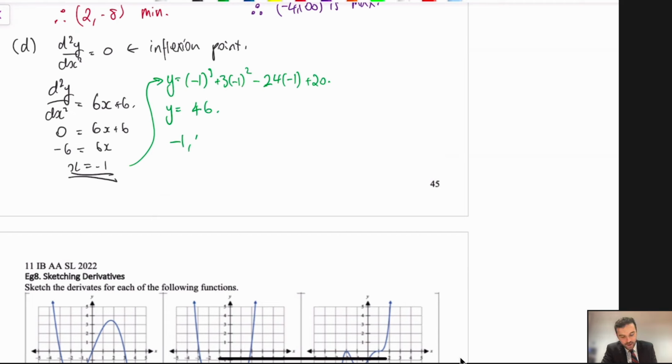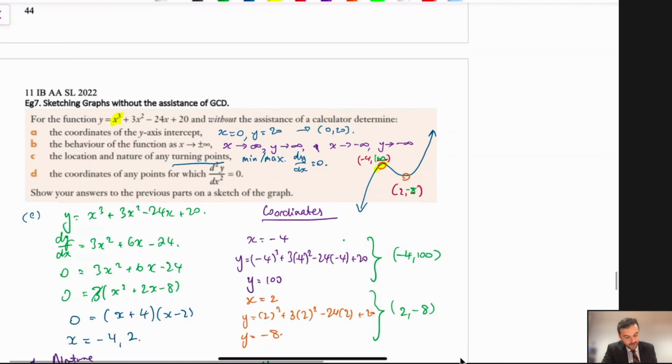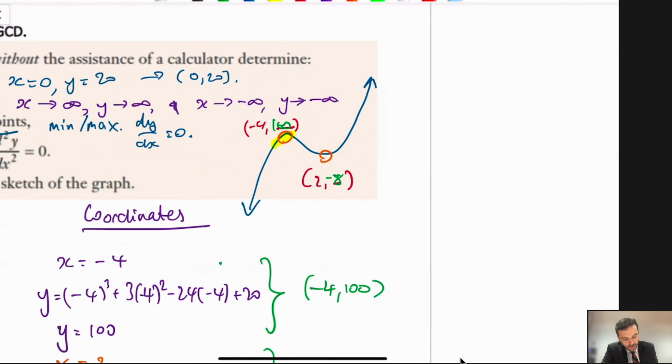Okay, so now we have negative 1, 46. So let's put that into our graph and have a look. Negative 1, 46 is probably going to be around here. Okay, like that. All right, so negative 1, 46.